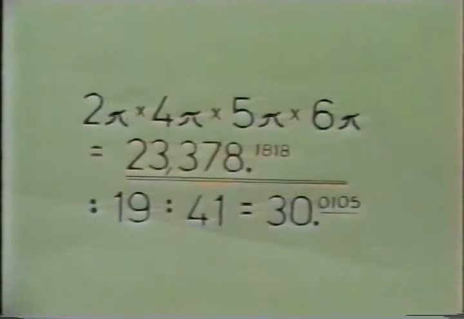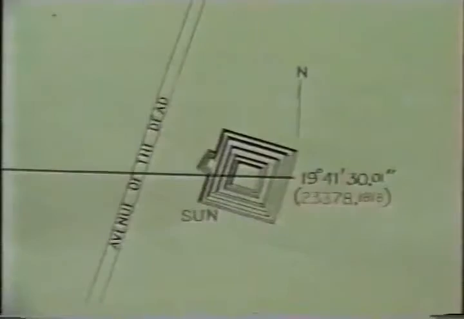In these we find unquestionable meaning because 19 degrees, 41 minutes, and 30.0105 seconds, in the language of mapping, is precisely where the Sun Pyramid situates on our maps. 19 degrees, 41 minutes, 30.0105 seconds north of the equator.